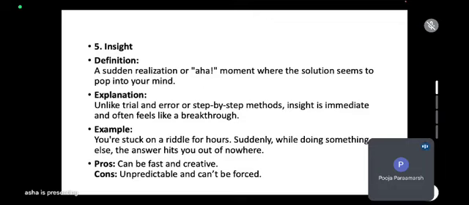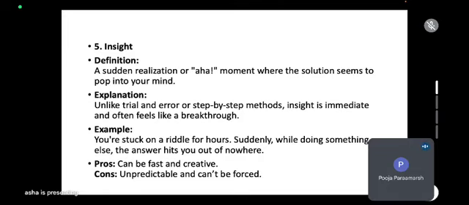When they are discussing the answers among their friends, it happens that they knew the answer, but they wrote the wrong answer. It happens very often, even with us also. Unlike trial and error, which is a step-by-step method, insight is immediate and often feels like a breakthrough.